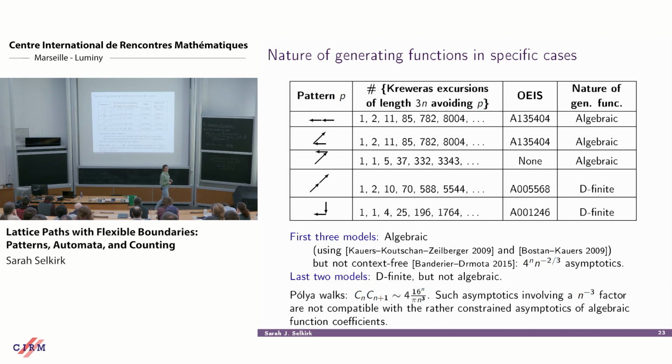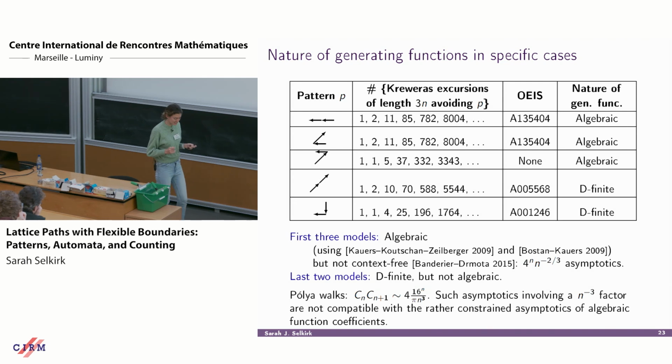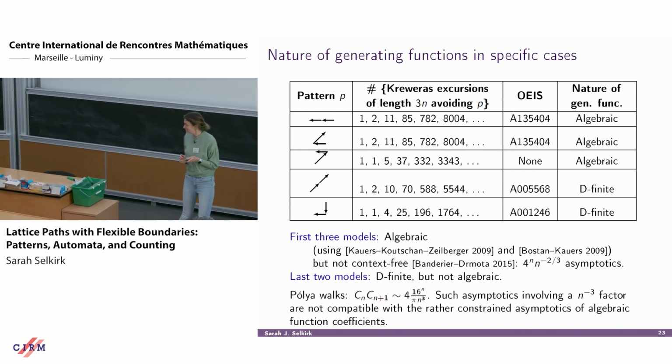So it's natural to ask, with patterns, what's really happening when you're avoiding patterns with walks in the quarter plane? You could think of it in terms of some nice underlying structure, almost like an automaton. Currently walks in the quarter plane, you can think of them as an automaton with 2 stacks, which is a Turing machine, maybe not so much to do counting-wise there.